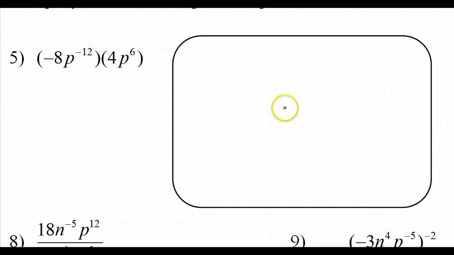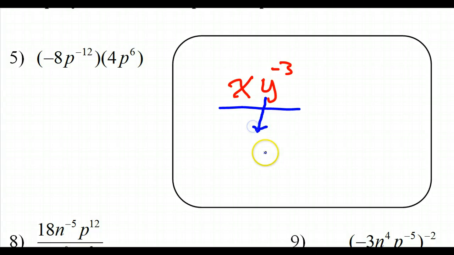Wait, as long as I'm doing a basic review, let me mention one more thing. Say if I have x y to the negative 3 power. If you have a variable or anything with a negative exponent, that tells you that the thing with the negative exponent is on the wrong side of the fraction. So that thing has to be moved.